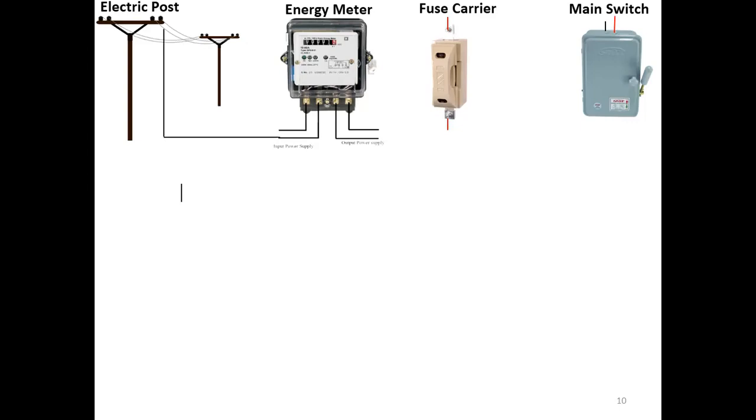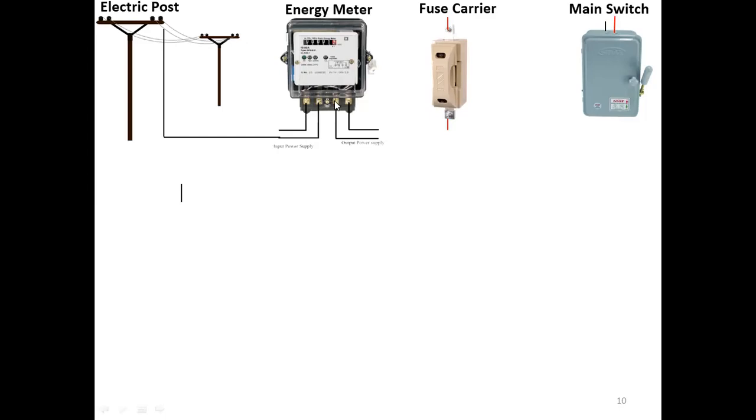See, the black color line denotes your neutral line, and the red color line denotes your phase line. Now the black color line is connected to the meter. In the meter we have 4 terminals: the first terminal S1, the second terminal S2, then L2, L1.